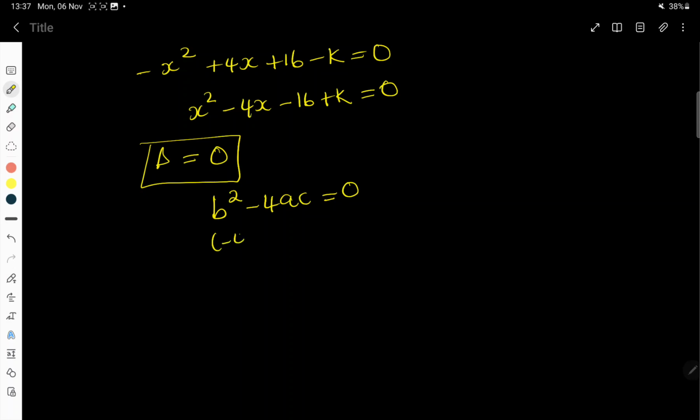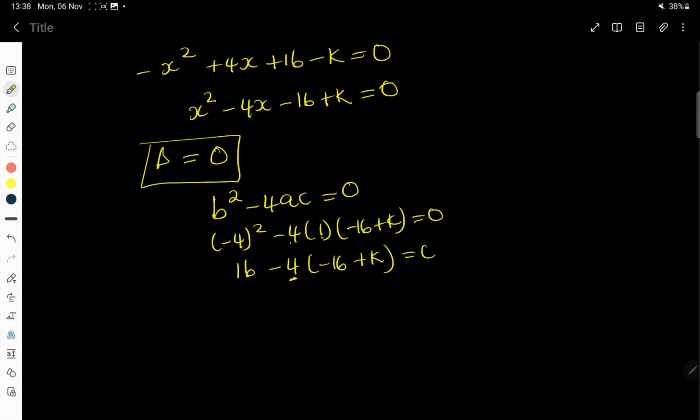Then your b is negative 4 squared minus 4, 1, negative 16 plus k is equal to 0. Then negative 4 squared is 16 minus 4, negative 16 plus k. I only multiplied negative 4 times 1, which is negative 4. Then I'm going to distribute here.